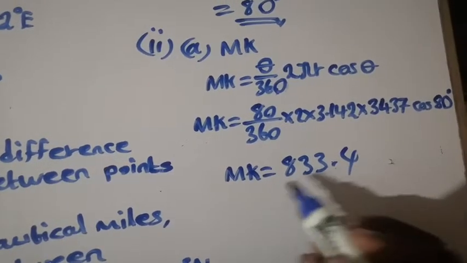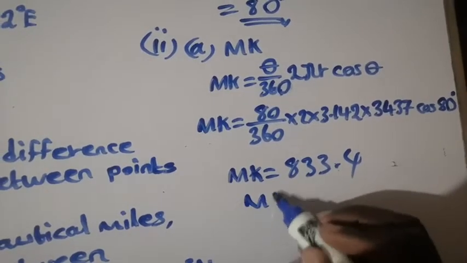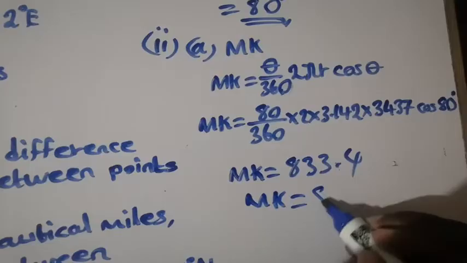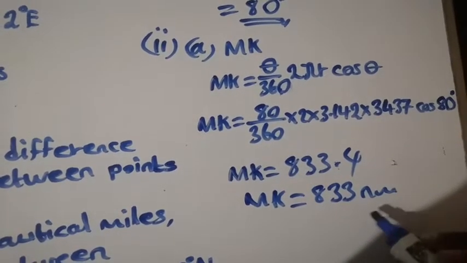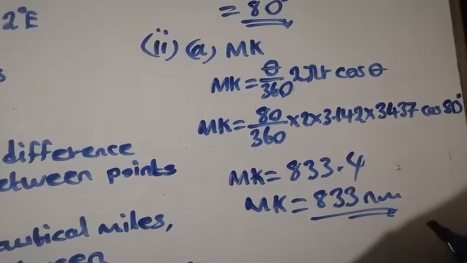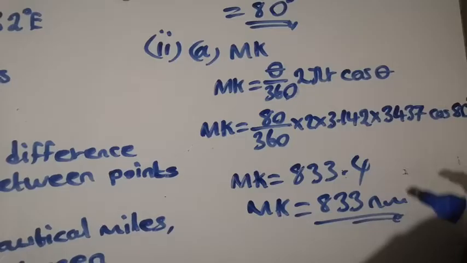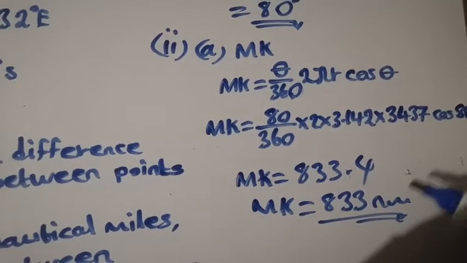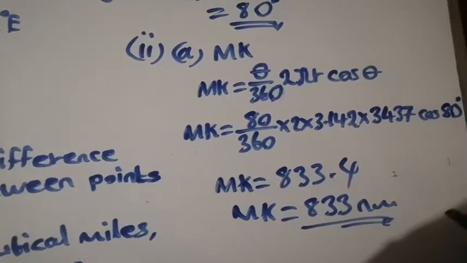Now to 3 significant figures, our distance is going to be 833 nautical miles. The unit should be that of the radius you have used. If you have used kilometers, then the unit should be kilometers. If you have used nautical miles, your unit will be nautical miles.